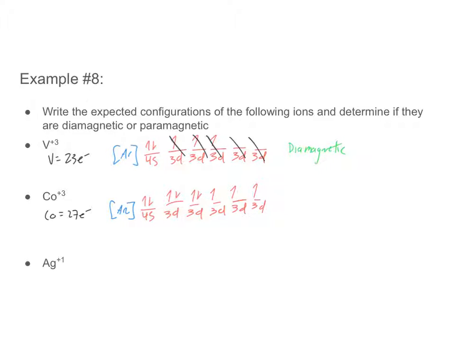And then because it's a positive ion, it's going to lose 1, 2, 3 electrons, and when it loses 3 electrons, not all of the electrons are paired up this time, so that makes it paramagnetic.